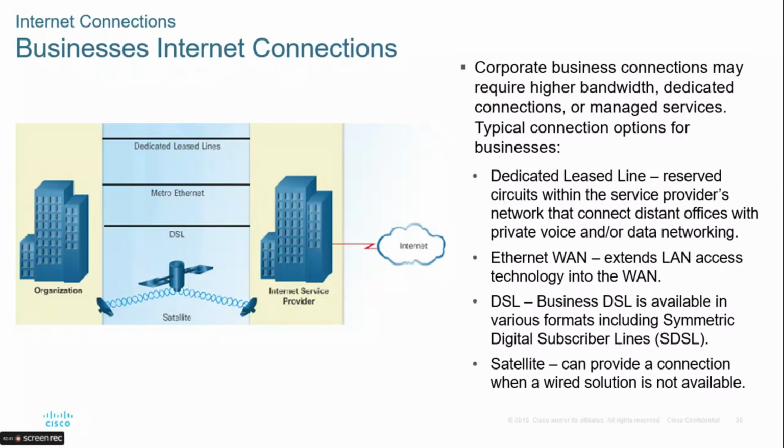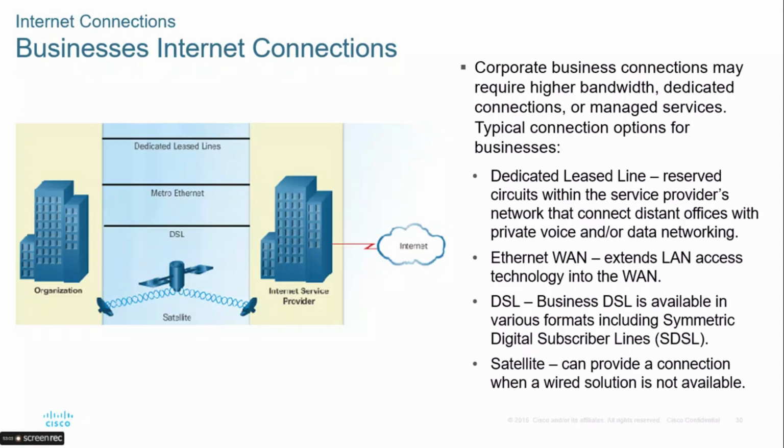But for a business, they lease a line to them only. That one is what is meant by the dedicated. Reserved circuits within the service provider's network that connect distant offices within private voice and or a data network.